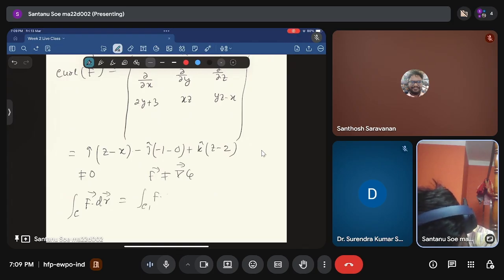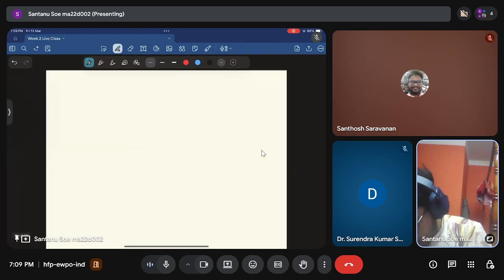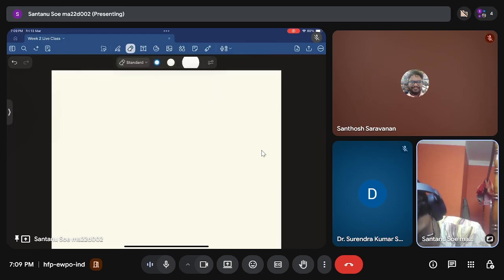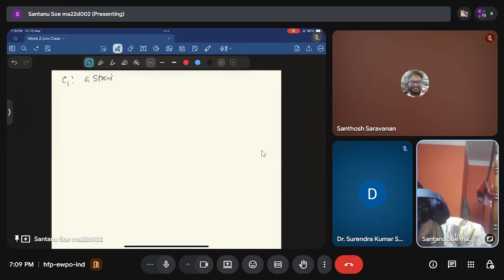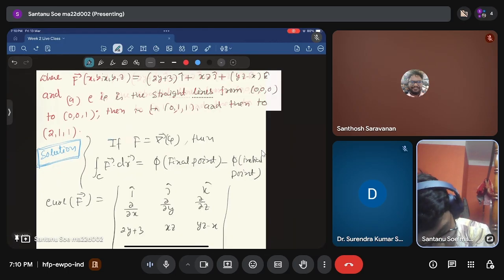So in this case, the integral over C of F dot dr is just the integral over C1 of F dr, plus the integral over C2 of F dr, plus the integral over C3 of F dr. Now what are C1, C2, and C3? C1 is a straight line joining (0, 0, 0) to (0, 0, 1).